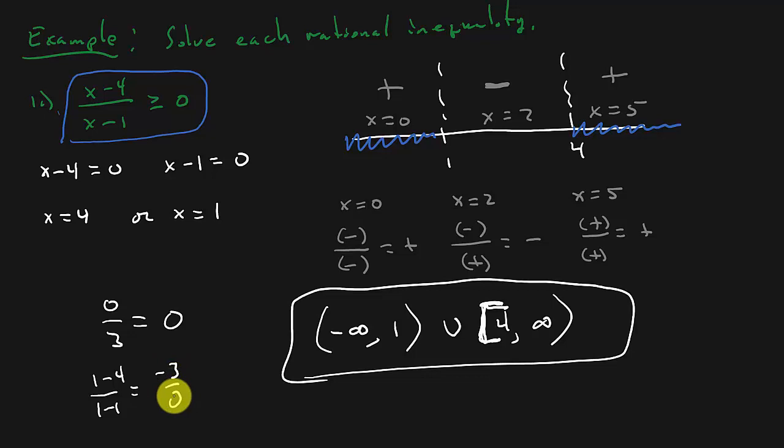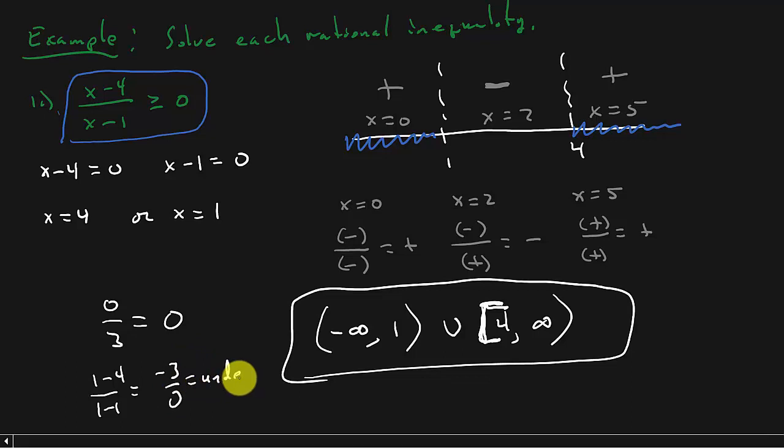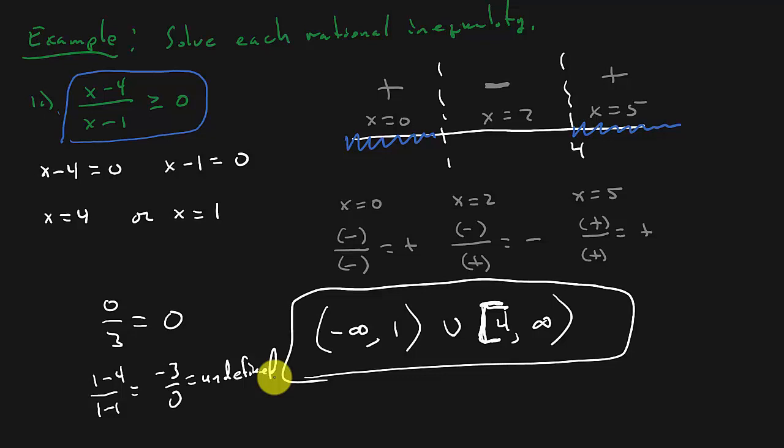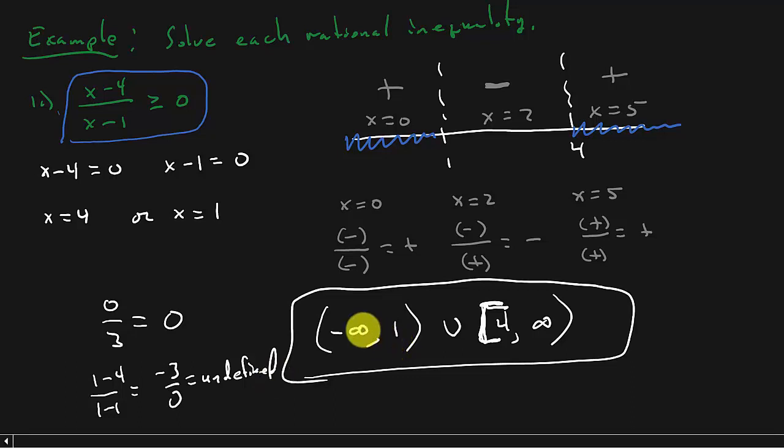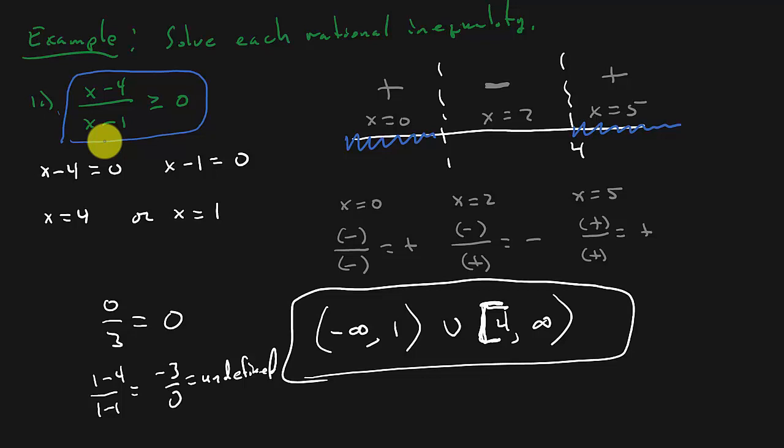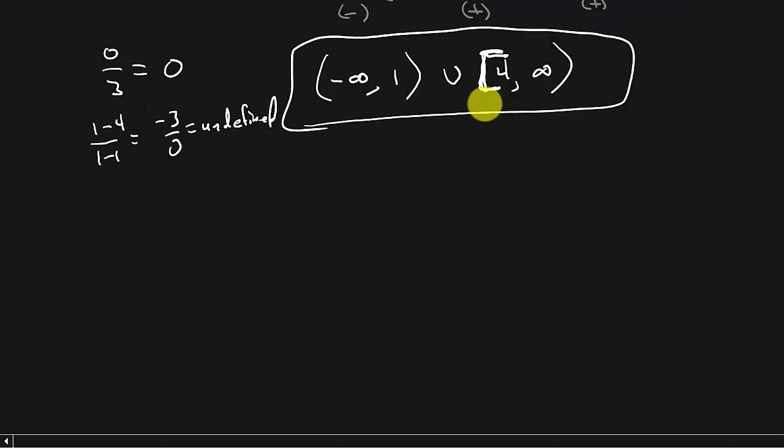And remember, this is undefined. So although it says or equal to, when you're doing rational inequalities, you've got to be careful: if a value would make the denominator 0, that means we can't include it. Okay? All right. Let's go to the next one.